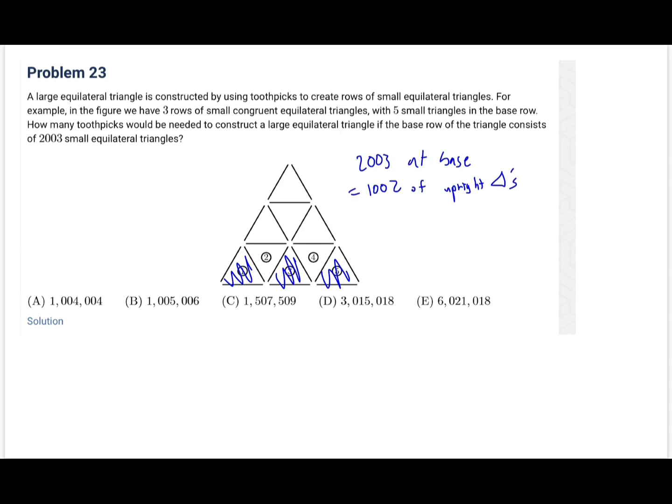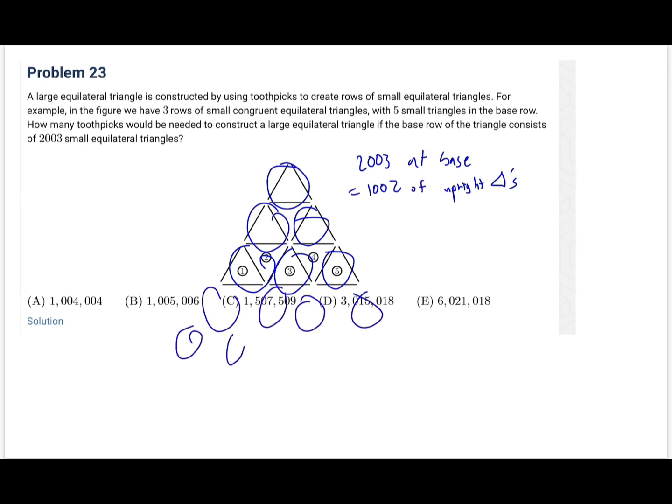And so what we need is, since this is 1 plus 2 plus 3, and the base has 1002, there will be 4 and then 5 and then all the way to 1002.